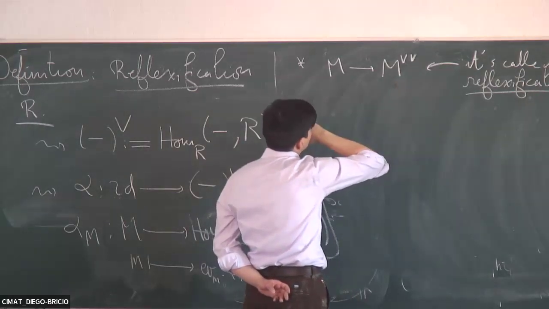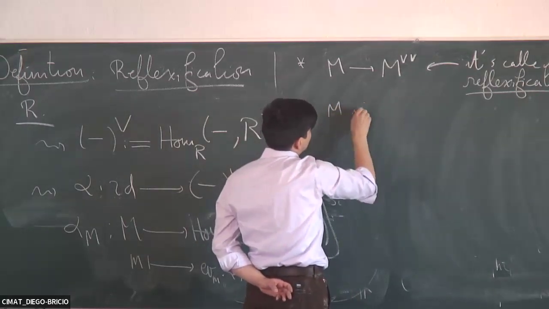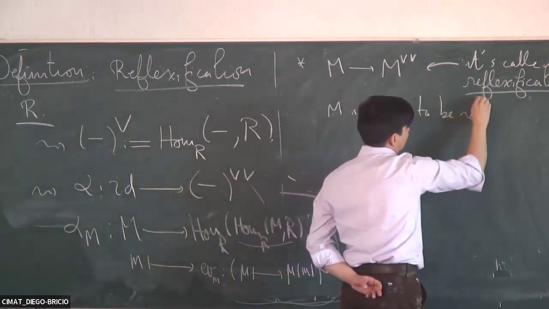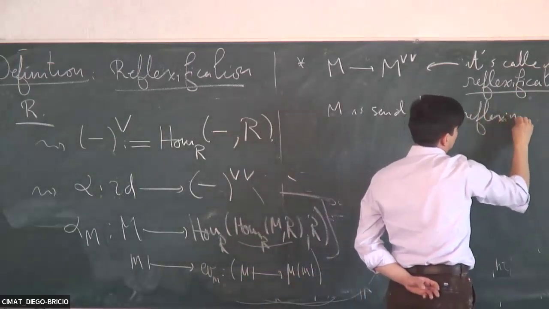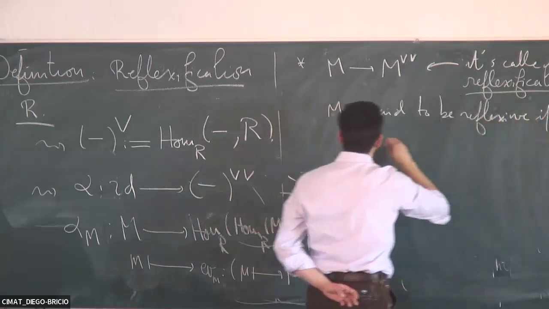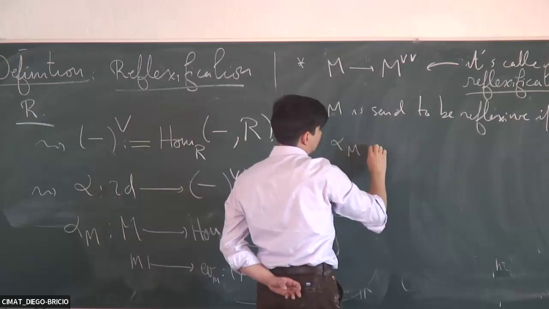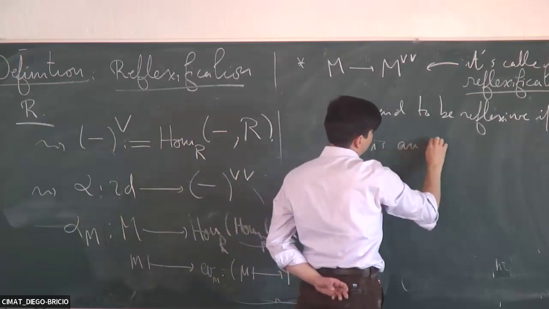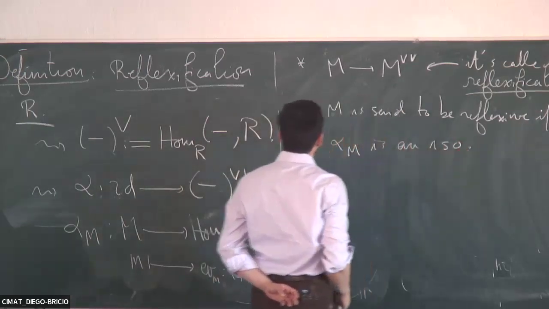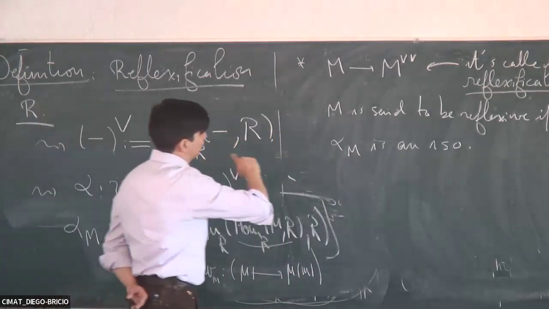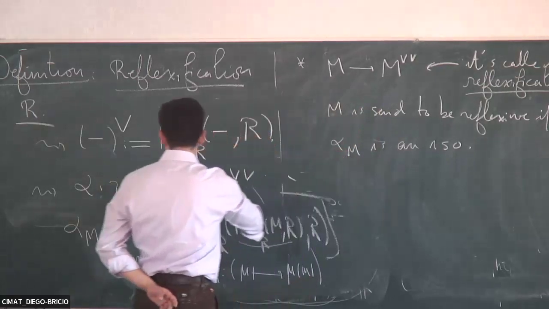And M is said to be reflexive if, what do you think? Alpha M is an isomorphism. By the way, we only consider finitely generated modules here, okay?